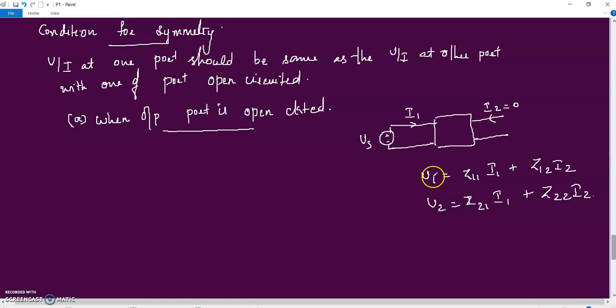So here we have V1 as Vs, I2 is 0, and V2 is not given. So we can write Vs is equal to Z11 I1, so Vs by I1 is equal to Z11.